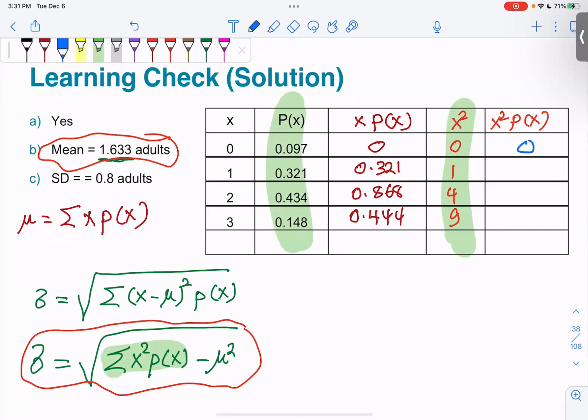The first one will be 0, the second one will be 0.321, and then the third one will be 4 times 0.434, which is 1.736, and then the last one will be 9 times 0.148, which is 1 point, and then the summation.